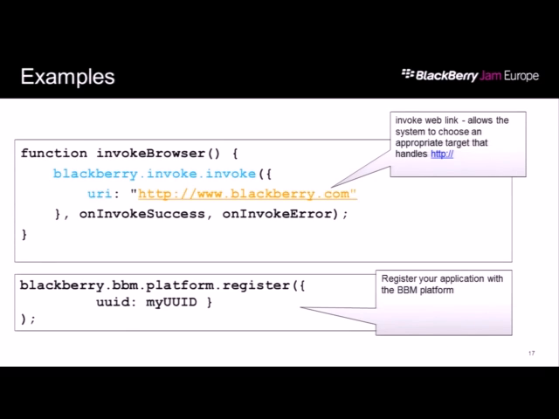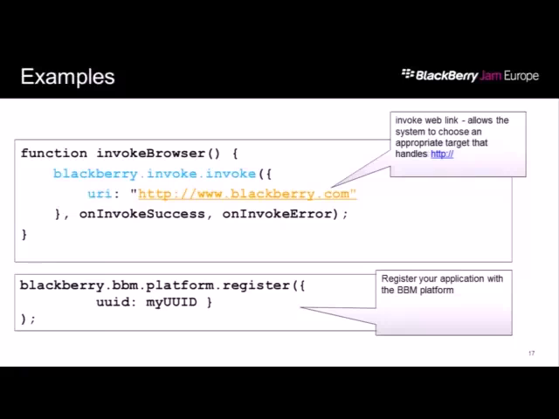It's a way to fire data off to another application and allow it to process it, give it back to you, that sort of thing. And this is just a very quick example, just passing in a URI to a web browser page, and it'll invoke the browser and go to that address, blackberry.com. Very, very straightforward. There's actually a lot more to the invocation framework. And we have a session tomorrow on that one, so if you want to get more information on how you do that with WebWorks, come by and check it out.